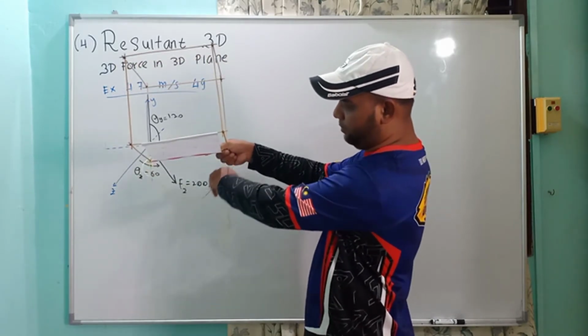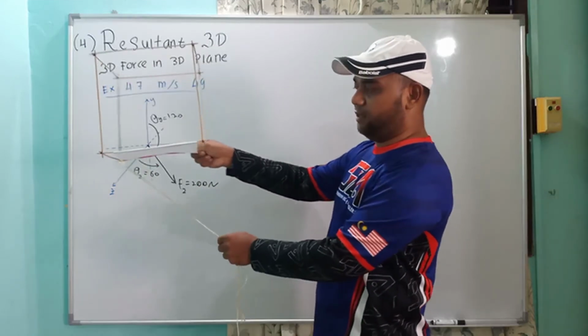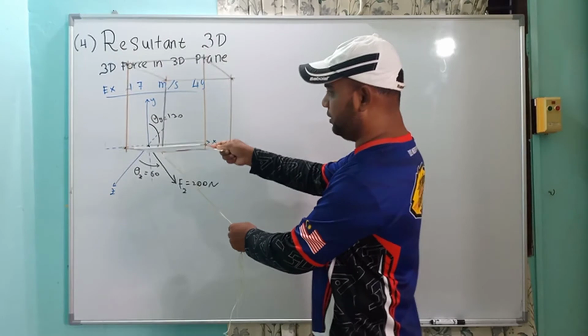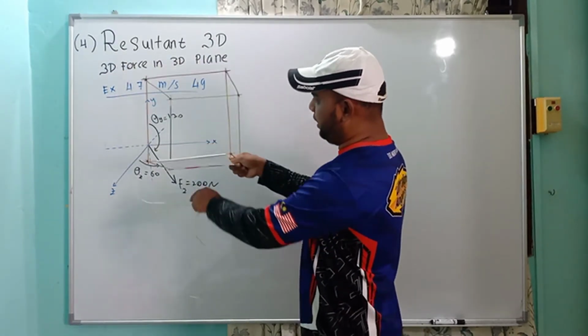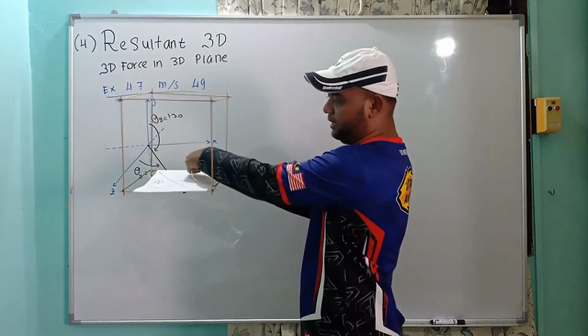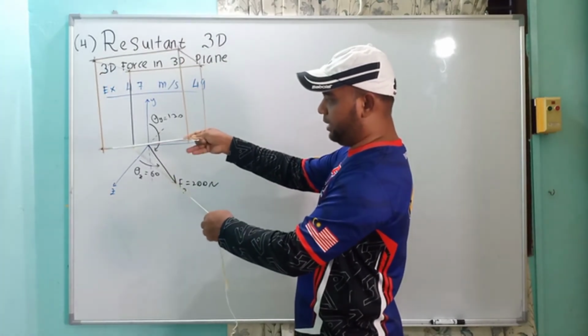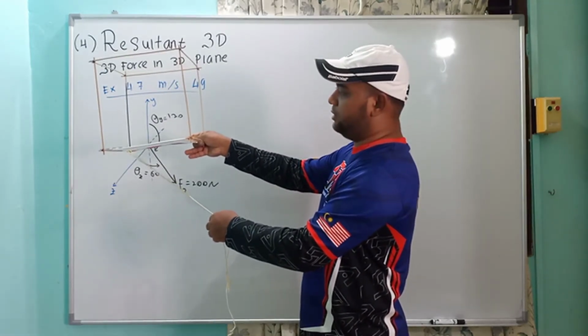So you should have some angle here from x to this force down there. 120 is more than 90, so you go to this side. This is 60 for z, and it leaves you the value of theta x. So this is how it goes.